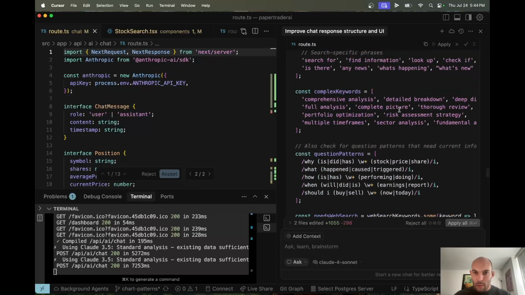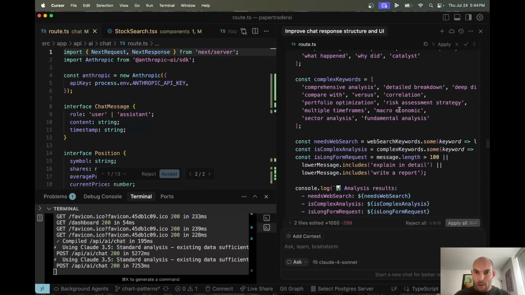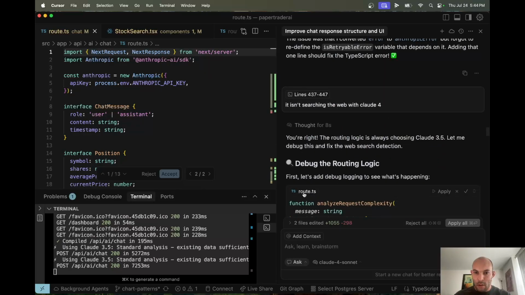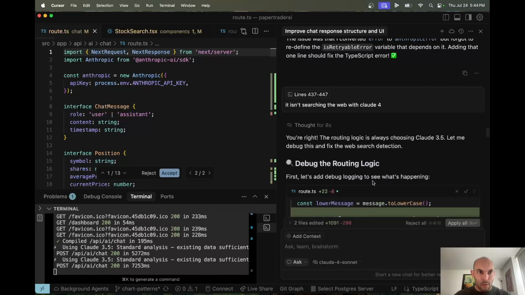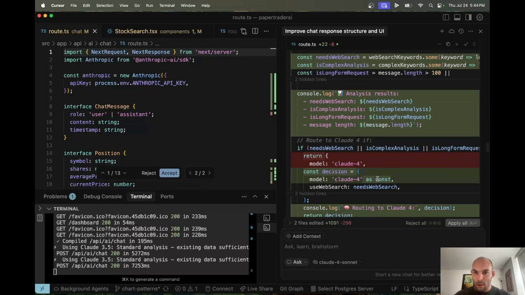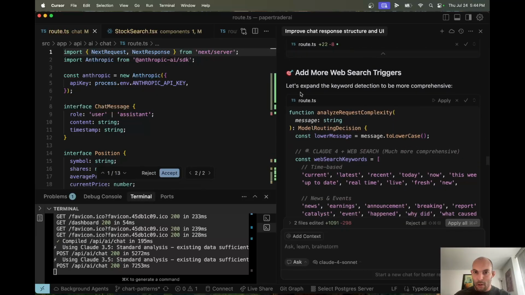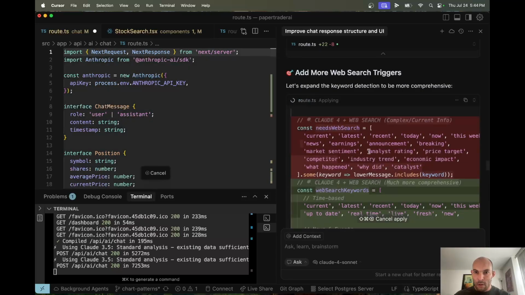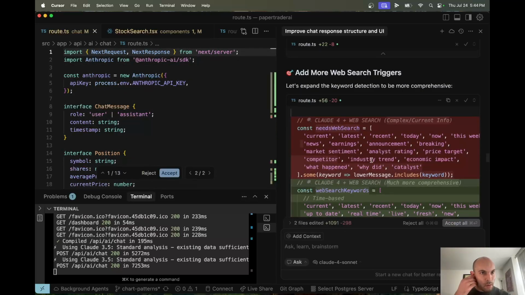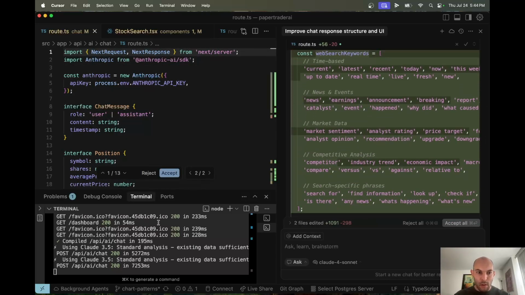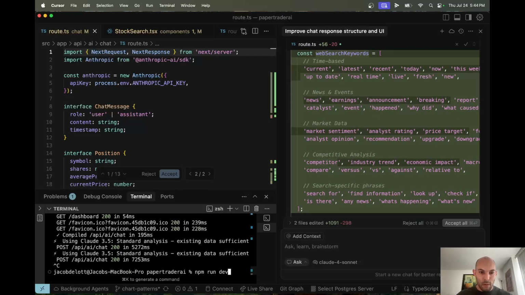Let's give it a shot. See what we get. Let's debug it. That's cool. Okay. Console logging, that's what I wanted. And then we're still grooving. Okay. Let's give this a shot.